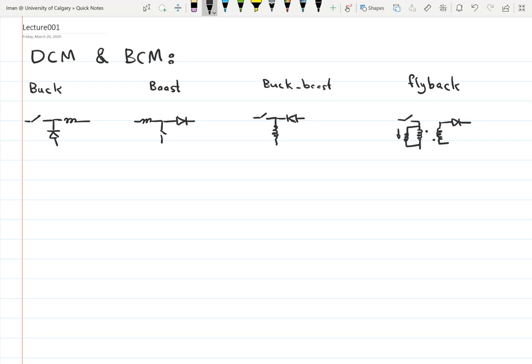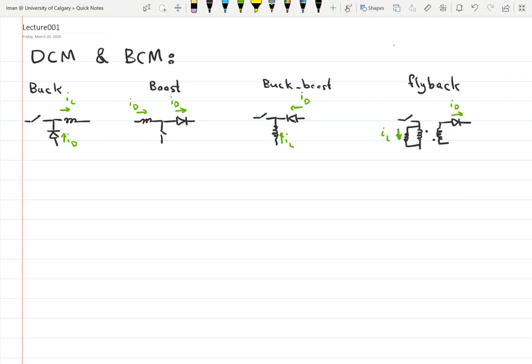Okay, and so if this is IL and this is ID, I'm going to do the same for the output. So ID, this is IN, this is IN here, then ID here.